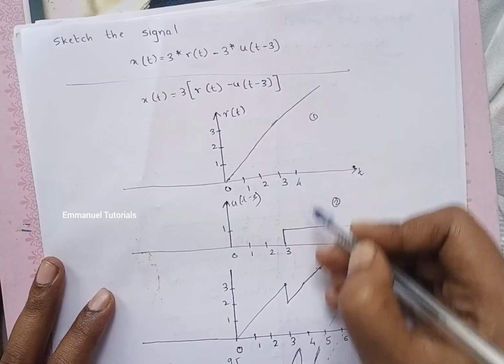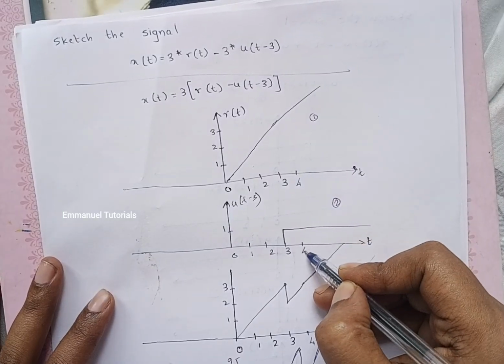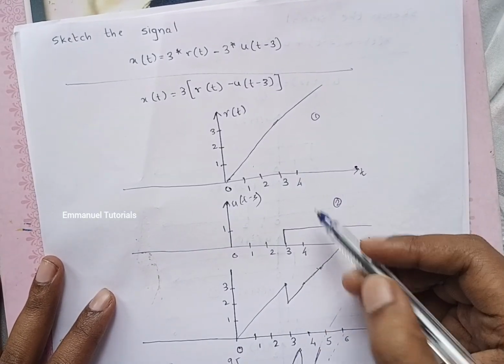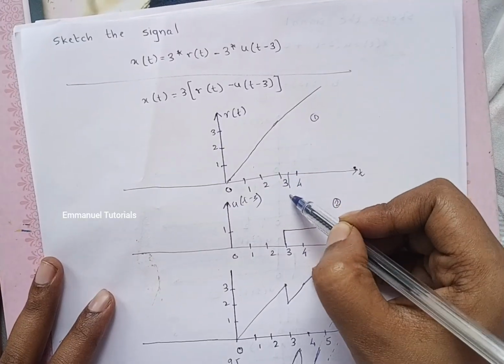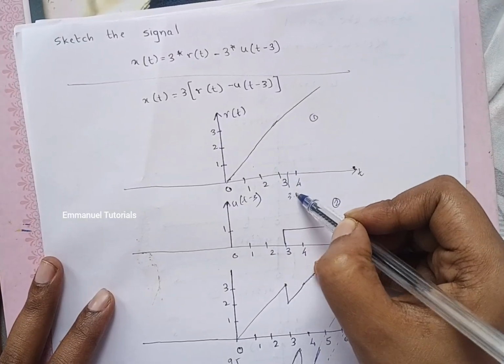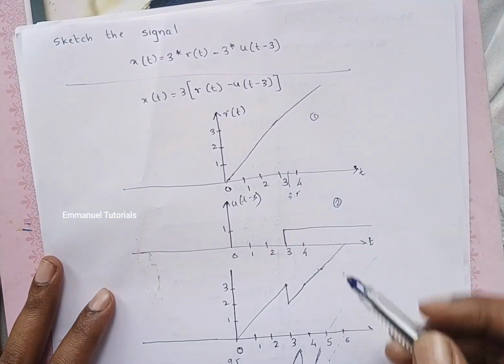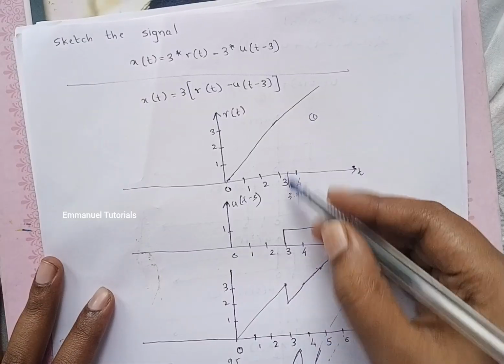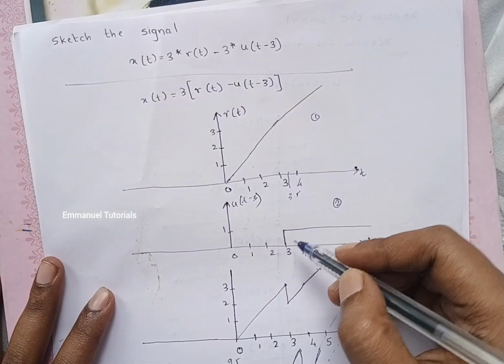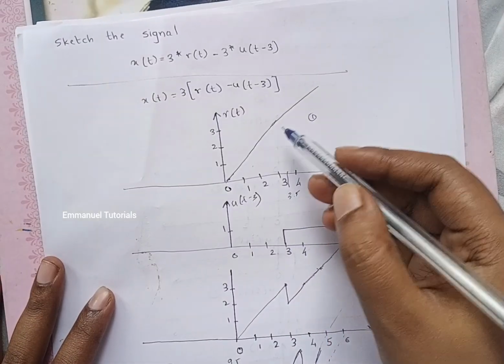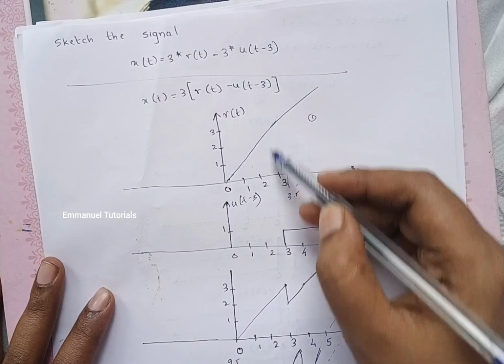To understand better, we will see at 4, and 3.5 what will happen. Since this is a ramp signal, you cannot directly plot 3 minus 1 as 2, because it is going to be a step reduction.